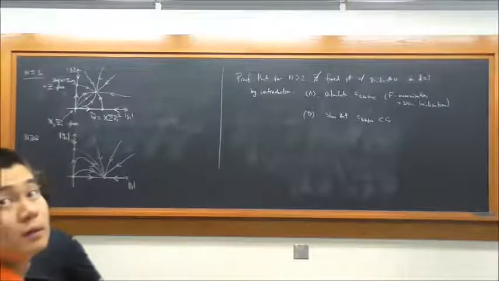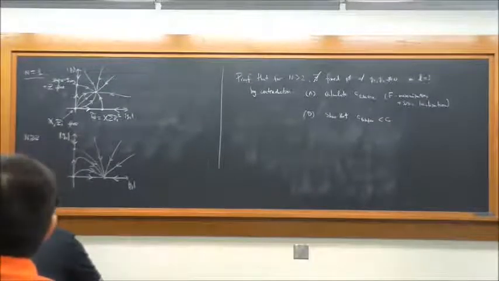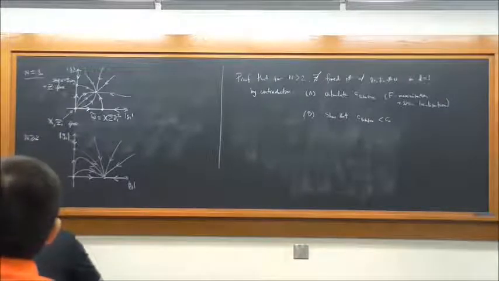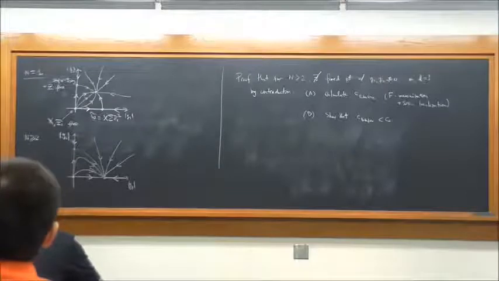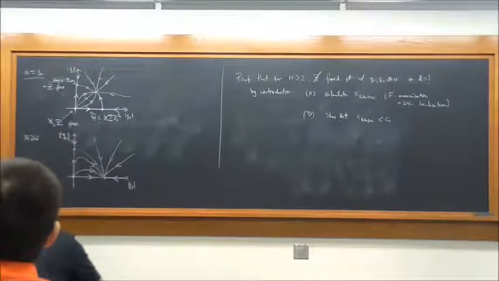We have a free theory in the UV with some relevant interactions, and that generates an RG flow to an N=2 superconformal field theory. This is an assumption that this happens.